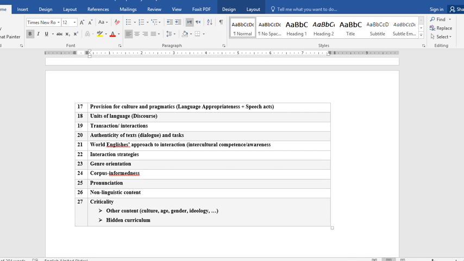Okay, the other one is authenticity of texts. The texts and tasks should be authentic. If we use constructed, unauthentic texts and tasks, it means that we are using distorted language. Distorted language means language which is not natural.